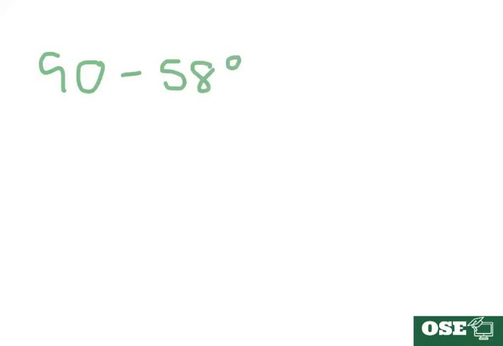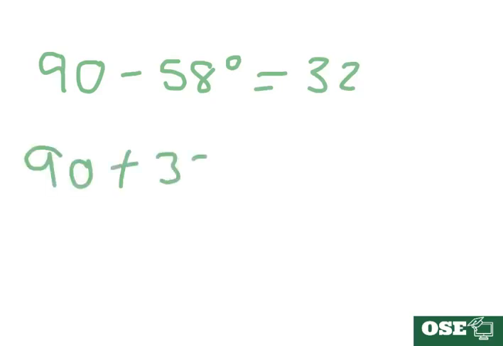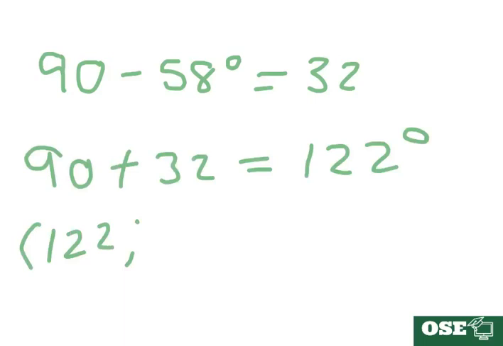Your answer is going to be 32, right? That means there's 32 degrees between them. So use that same 32 to say 90 plus 32 gives the x coordinate. And then substitute in the formula to find your y coordinates.